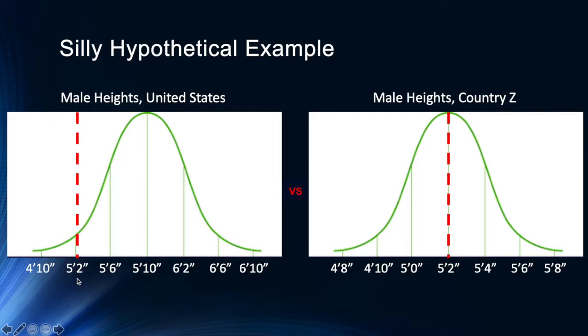So think of that, this is 2 standard deviations away. So 2.5% or less. So remember, 1.96 is our cutoff for statistically significant results at a 95% level. So that's the most common cutoff. So it's 2 standard deviations away. So yes, there is a statistically significant difference between country Z and the US with male heights.